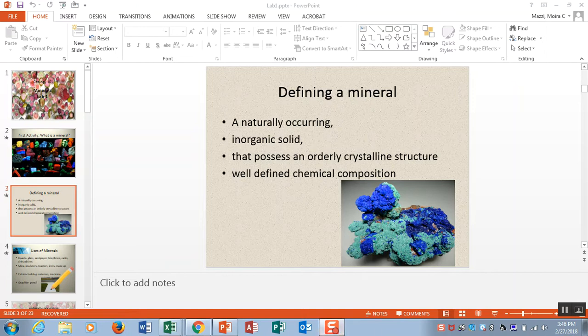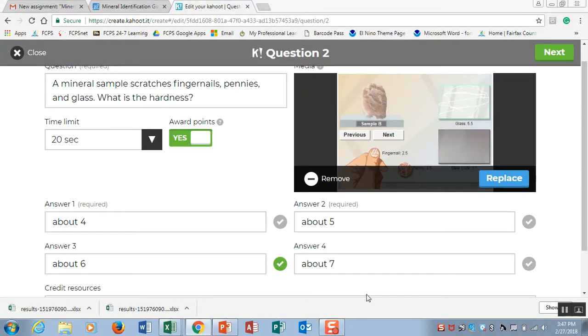After looking at the exit ticket Kahoot data, I saw that students across all my classes were struggling with 3 questions. The first question was this one: a mineral sample scratches your fingernail. It scratches a penny that has a hardness of 3.5, and it scratches a glass plate.